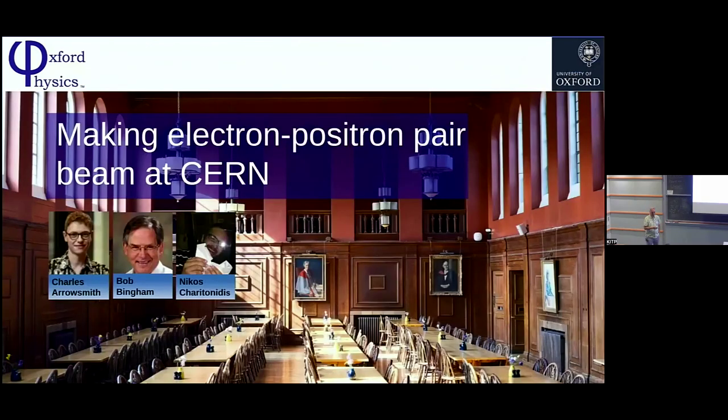So this brought us to think about why don't we do these experiments on a different system? Instead of using a laser, why don't we look at techniques using particle accelerators. Most of the work I'm going to present was developed by my student, Charles Arrowsmith, who is also going to give a talk later in this session.